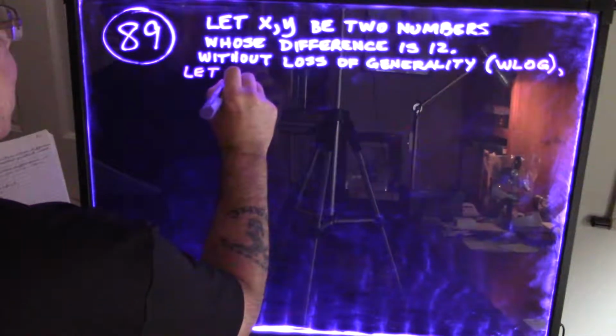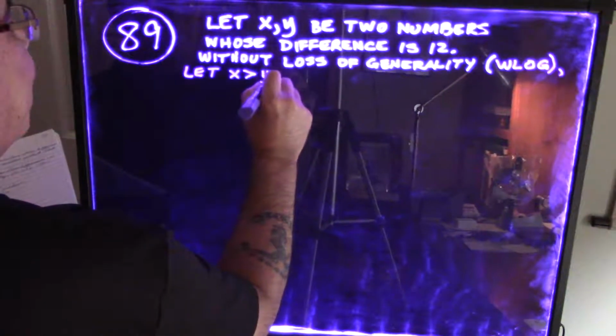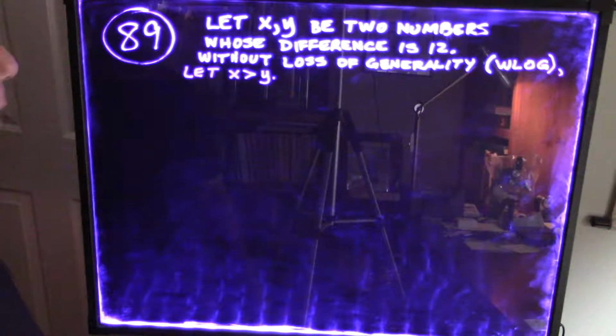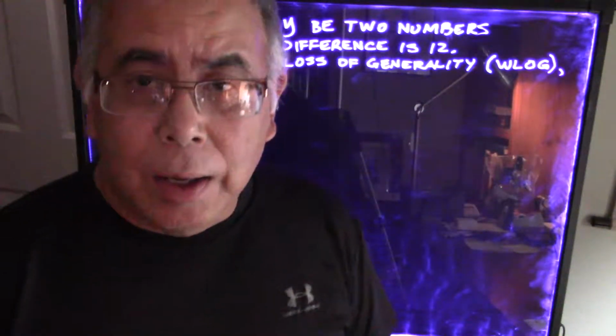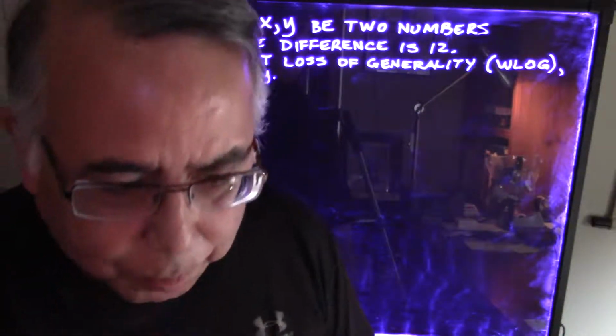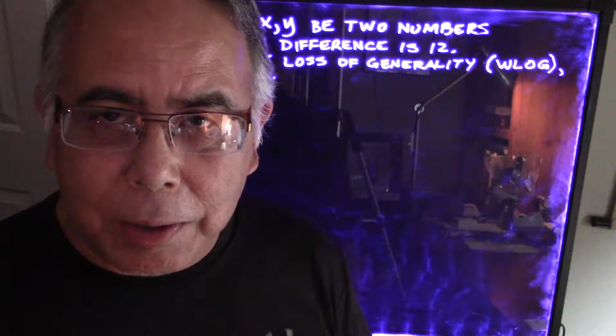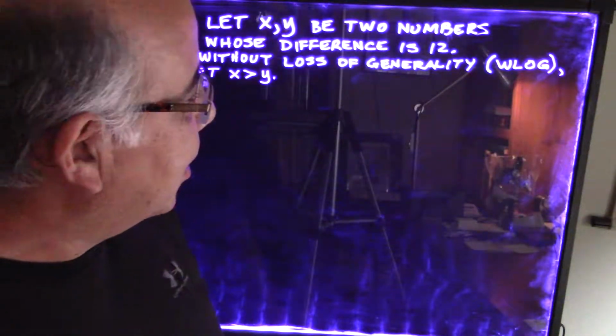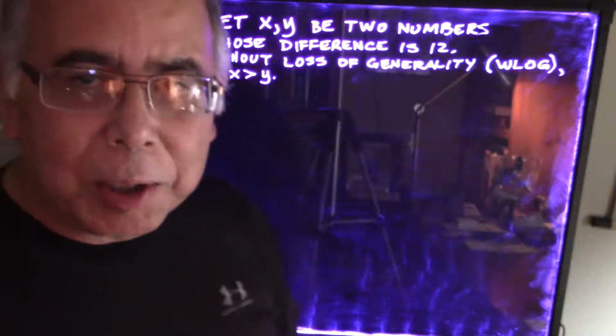Now, does that make sense, first of all? Well, you have two numbers and their difference is 12, so they're not equal to each other. Their difference is more than 0. So one of them has to be bigger than the other. Which one is bigger? Well, without loss of generality, let's pick x to be bigger.